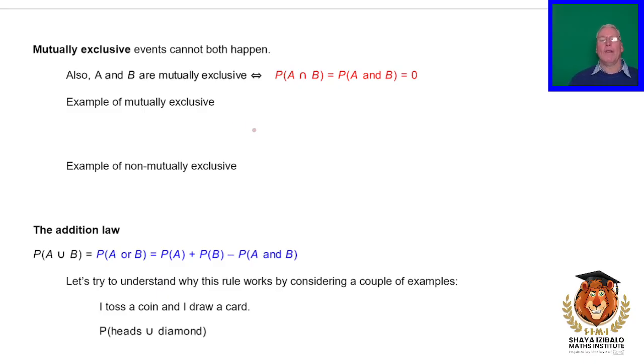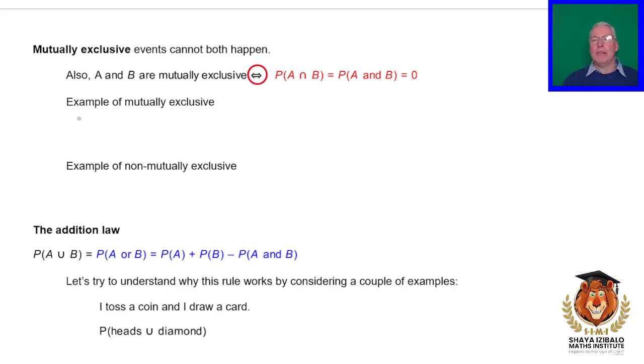There's no one who's a learner at both of those schools. Okay, that's mutually exclusive. When things are mutually exclusive, the probability that they both happen is 0. And this arrow, just like the last time, has a double head on it. When the probability of A and B is 0, the things are mutually exclusive.